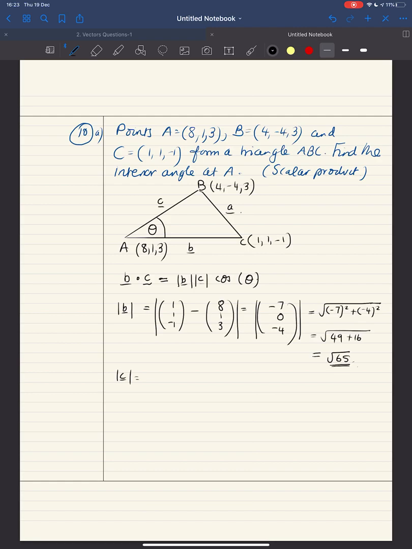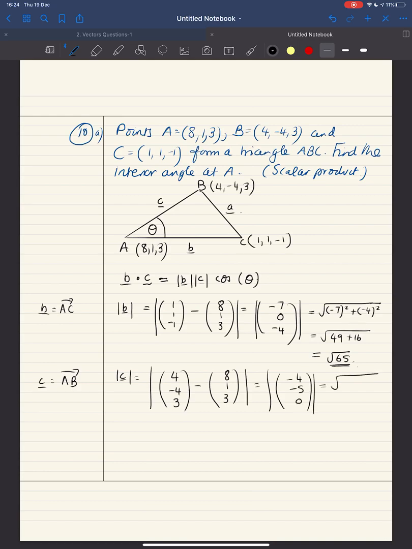Size of C now is the size of A to B. So B here is A to C. C is the vector that takes us from A to B. So this is 4, minus 4, 3, minus 8, 1, 3, minus 4, minus 5, 0.